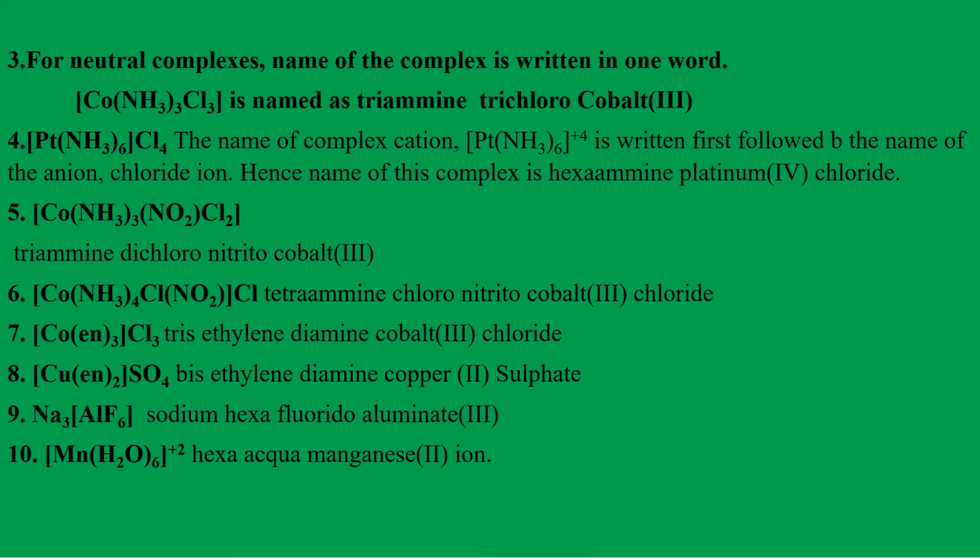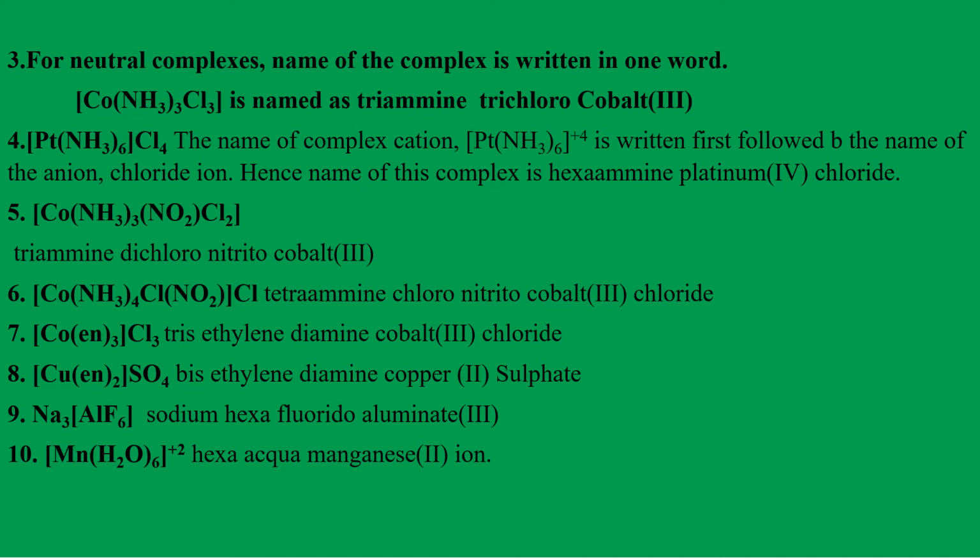Seventh example: [Co(en)3]Cl3. What is en, students? Do you remember? It is a neutral ligand and it is called ethylene diamine. It is a bidentate ligand. So, ethylene diamine. But how many ethylene diamine groups are here? 3.